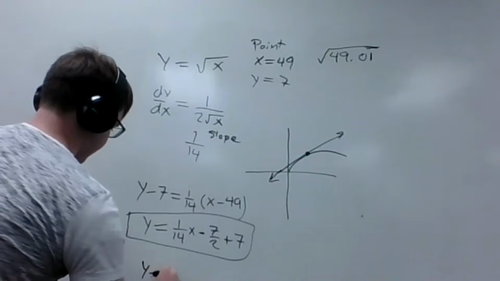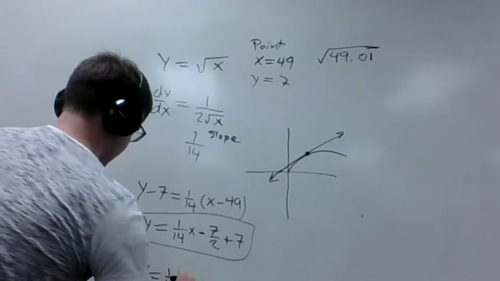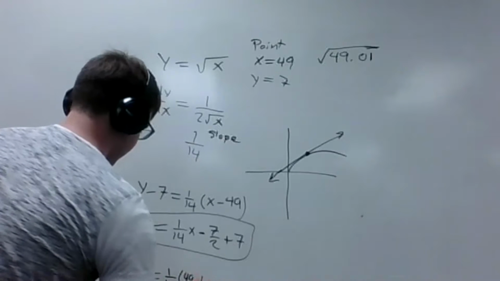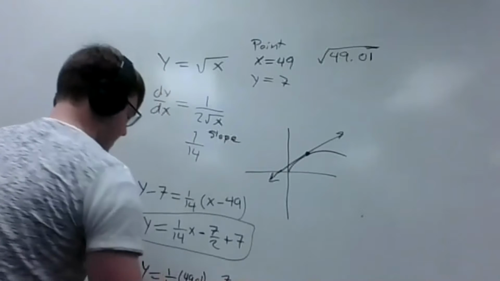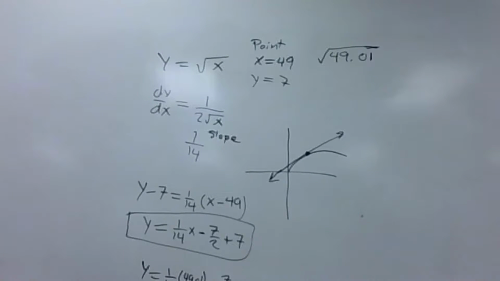So let's say that y equals 1 over 14 times 49.01 minus 7 halves plus 7. If we plug that into a calculator, I'm pretty sure you come out with 7 with some decimals. We'll figure it out.